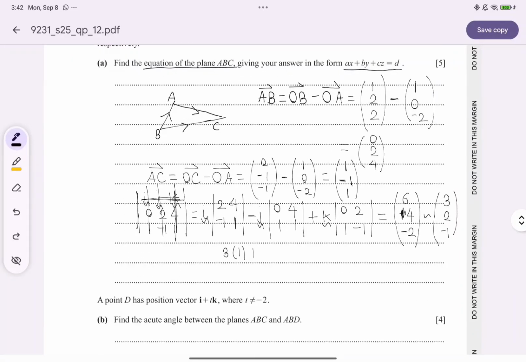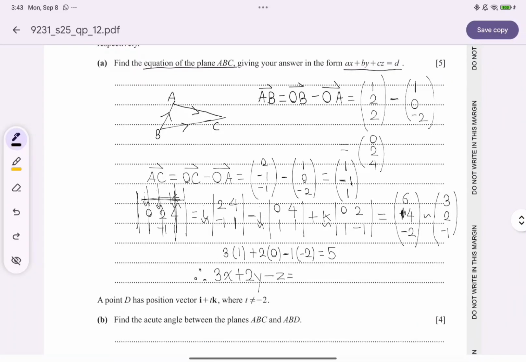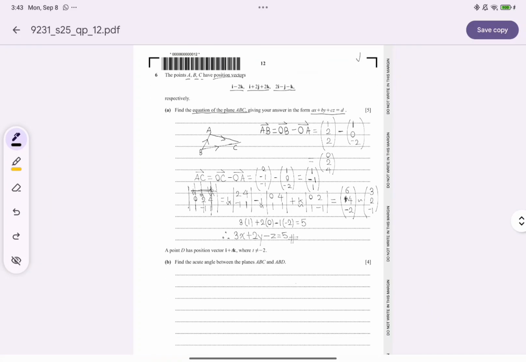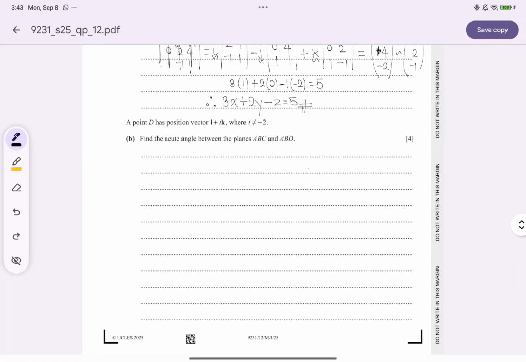So 3 times 1 plus 2 times 0 minus 1 times negative 2 equals 3 plus 0 plus 2, that's 5. Hence, our answer is 3x plus 2y minus z equals 5. So this is our final answer for this part. Let's head on to the next part.